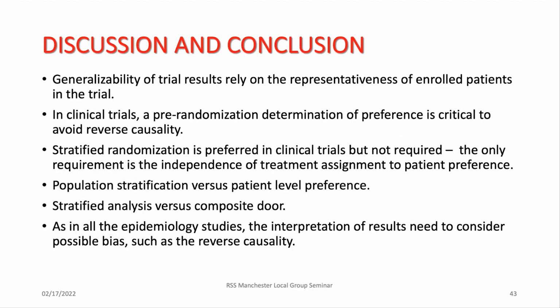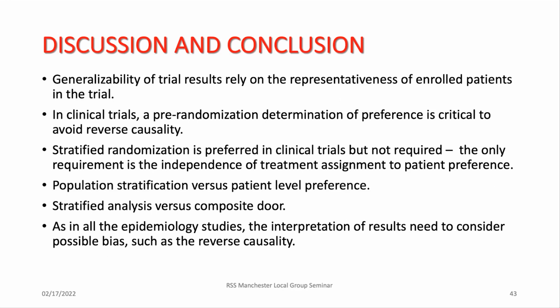There are also, in the statistics journal, a lot of questions about the generalizability of the results. The only thing we can answer is the same as for all trials: generalizability relies on the representativeness of your enrolled patients to the target population. If the preference is representative, then your results are valid. In a clinical trial, we try to do a pre-randomization determination of preference, but it's not necessary.